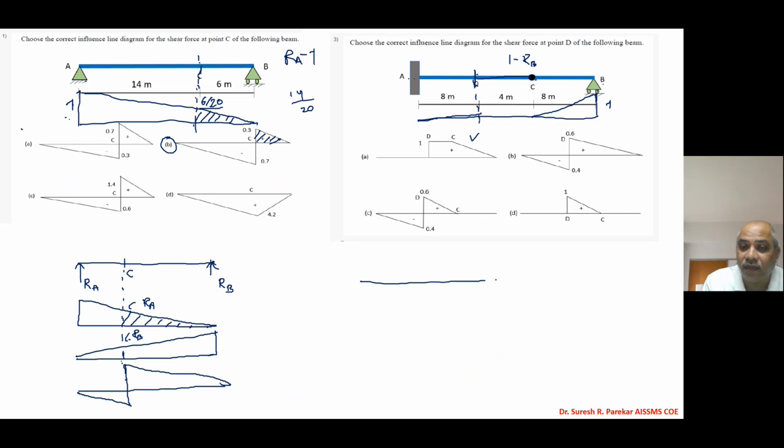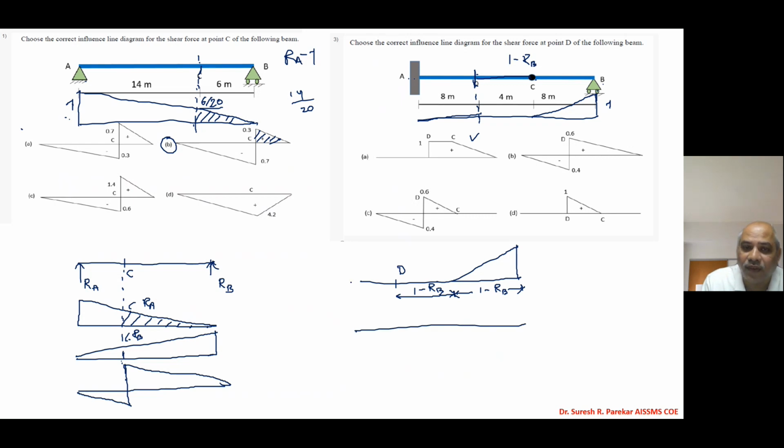So ILD RA we have plotted. RB we have plotted. And we have to go till D. And then in this portion, my equation will be 1 minus RB, because we have downward positive on right side. And in this portion, I have the same value, 1 minus RB. But here RB is 0, so it will be as it is.